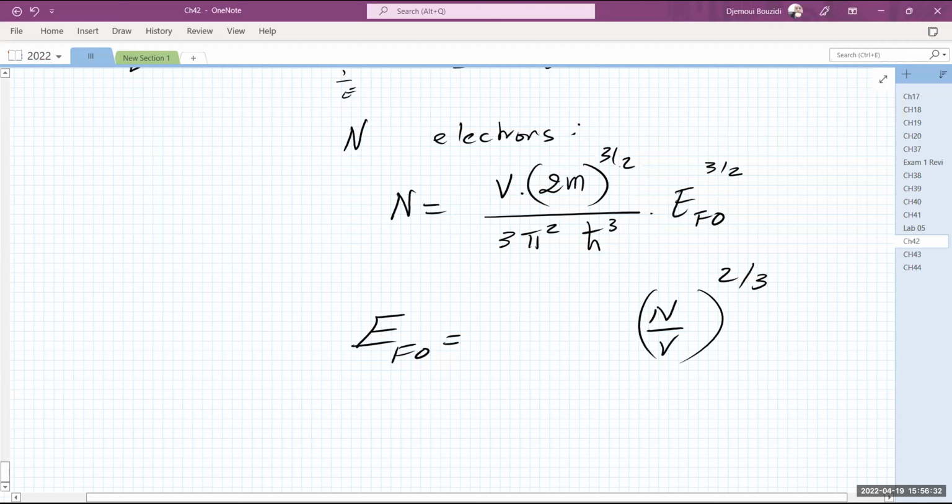If I do to the power 2/3, it's going to be 2m, and h bar squared, because the 2/3 cancels the third, and the 2 becomes just squared. And 3 pi squared I'm going to leave as is, to the power 2/3. This is the expression for the Fermi energy level.